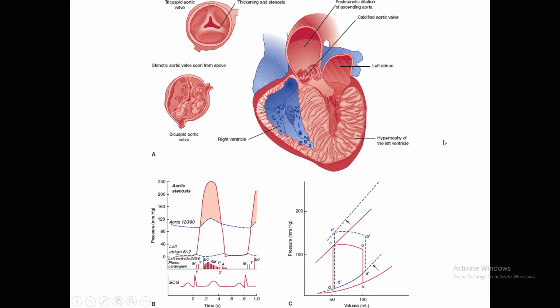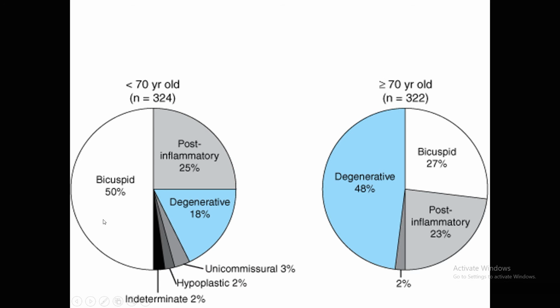This picture illustrates the structure and functional changes in aortic stenosis. It may demonstrate either a tricuspid valve with severe thickening and stenosis or a bicuspid aortic valve, as already shown previously. The bicuspid valve is an important cause for the disorder.